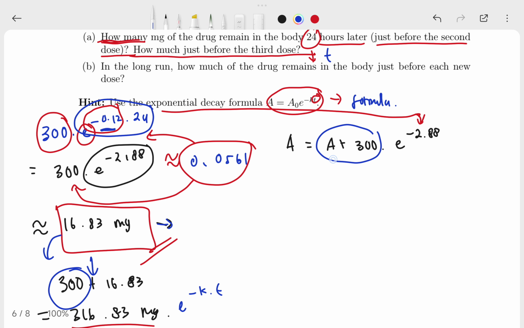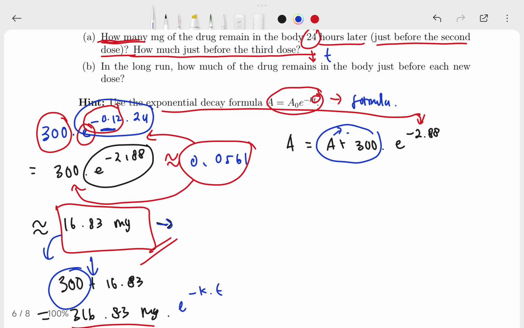A is the amount in his body. If Billy is just before taking another dose, then A is the remaining milligrams in his body. So in the long run, of course, when he takes another dose, he still has this drug in his body. This is what we want to look at: the remaining drug in his body before he takes another dose.